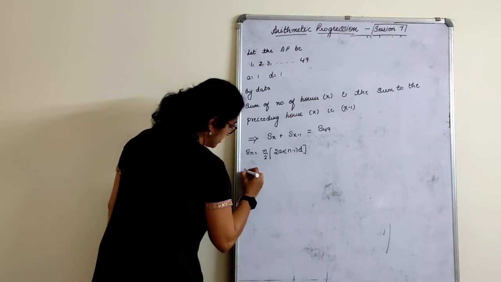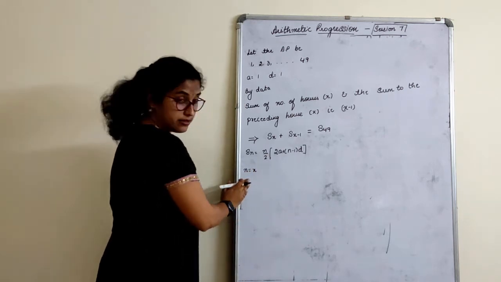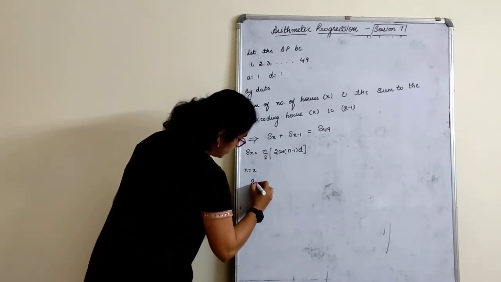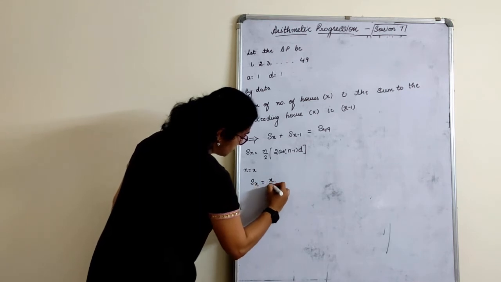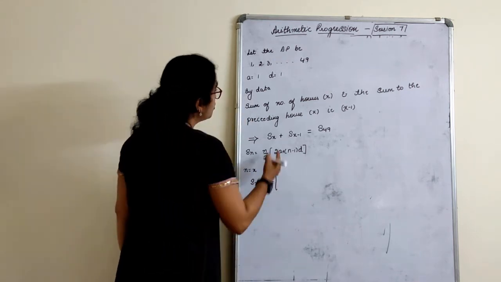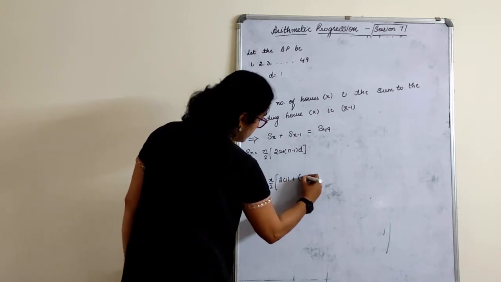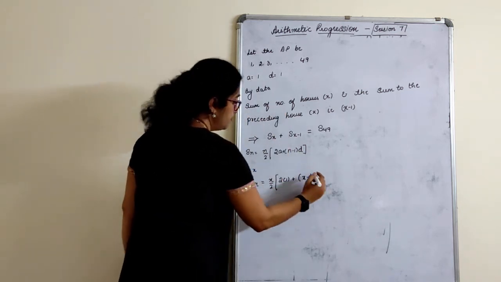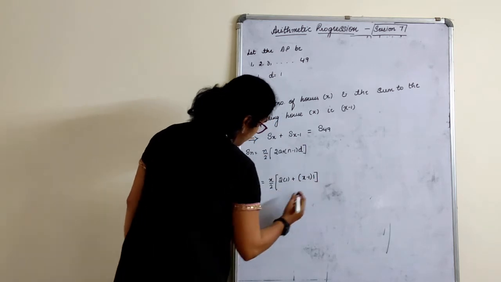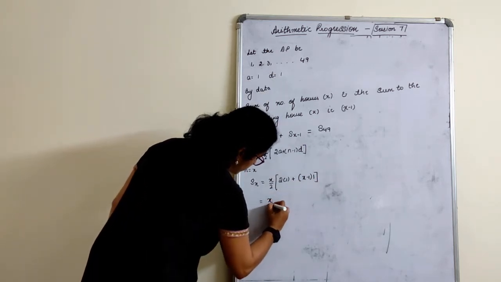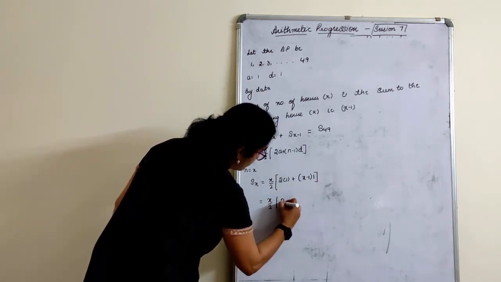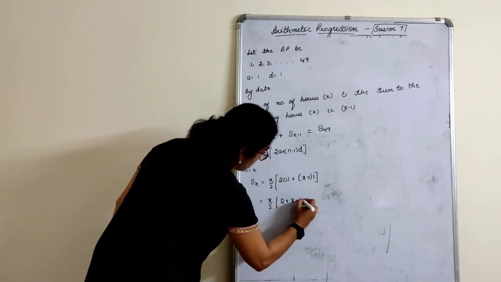Your n is x. So Sx is equal to x by 2 of 2 into 1 plus x minus 1. d is also 1. So x by 2 of 2 plus x minus 1.